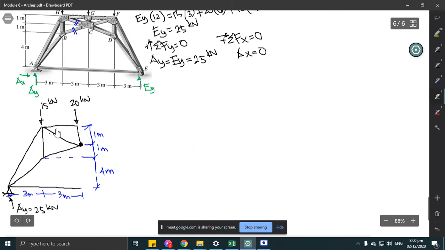Since the load is downward, the internal force carried at point C is upward. And then our CX, let's make it inward.